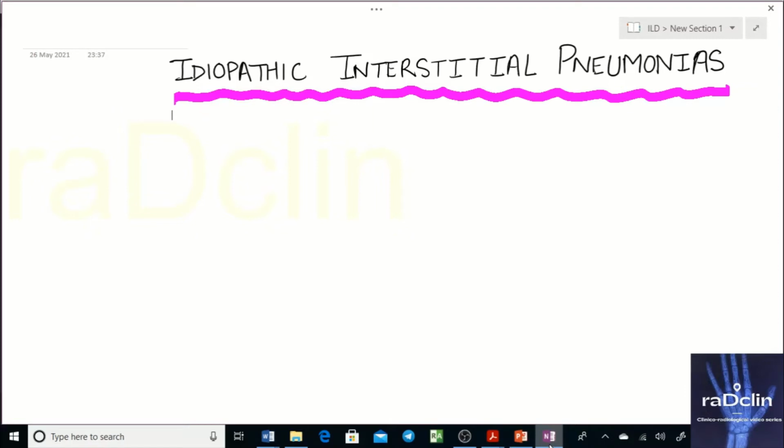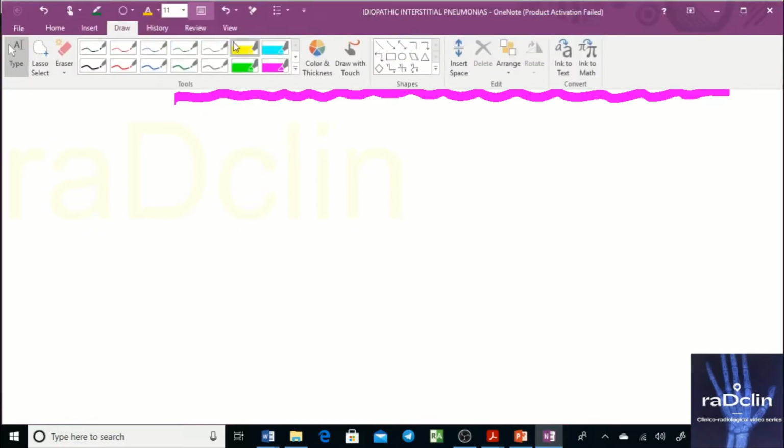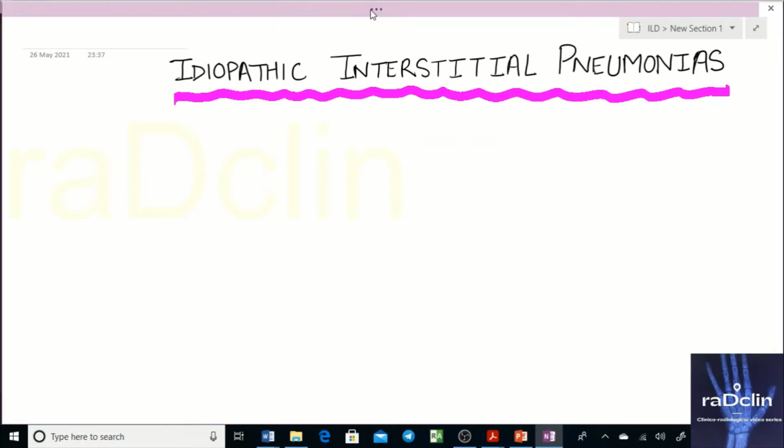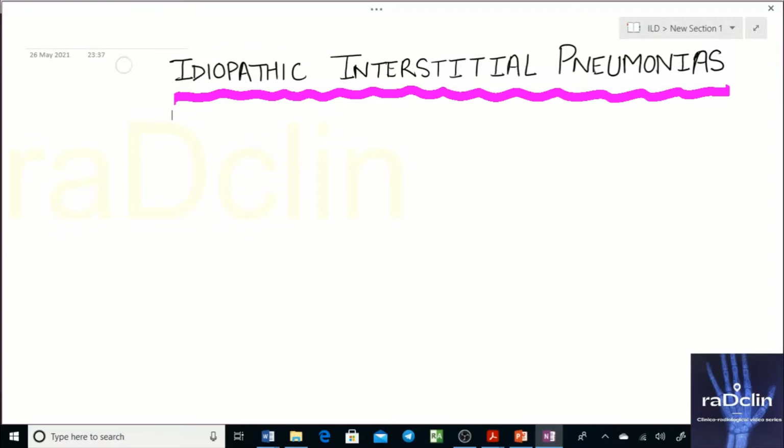In idiopathic interstitial pneumonias, let's start the discussion. First of all, just like every other word, I'll first break the word and try to get the information out of it. So the word is idiopathic, and we have interstitial pneumonia as well. Now pneumonia is simply a lung infection, or it appears to be a lung infection.